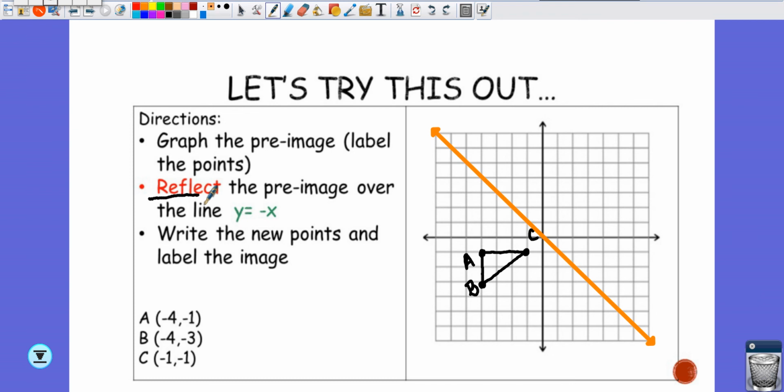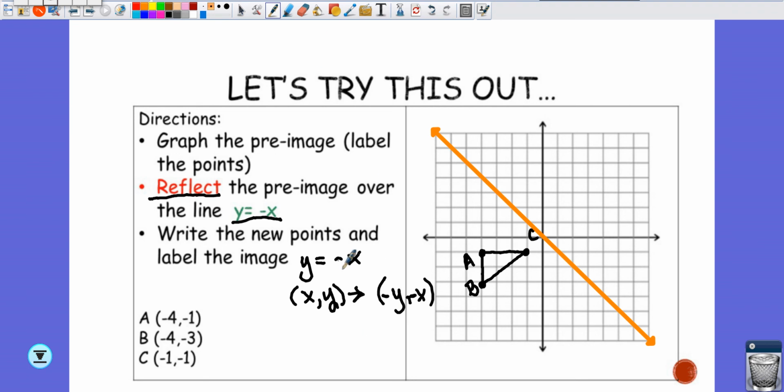So it wants me to reflect. Well, there's a rule for this one too. So when we reflect over y equals -x, the rule tells us to, once again, switch the x and the y. But since that's a negative sign there, it's telling you to take the opposite of both of those numbers.